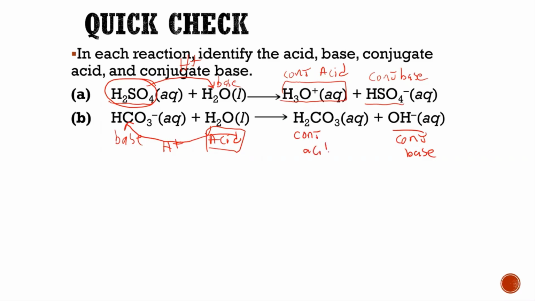Now there is a mistake in this PowerPoint. This should be a double arrow. Does anybody know why that should be a double arrow? What does the double arrow mean? It's at equilibrium. It can go forward and backwards. Yes, it can have the forward and the reverse reaction. Perfect.